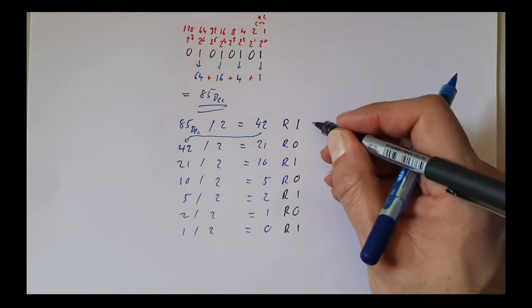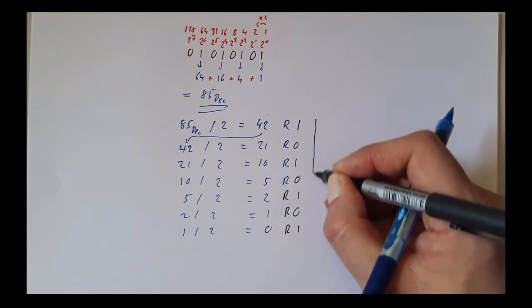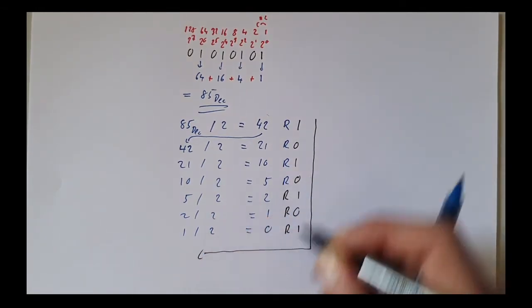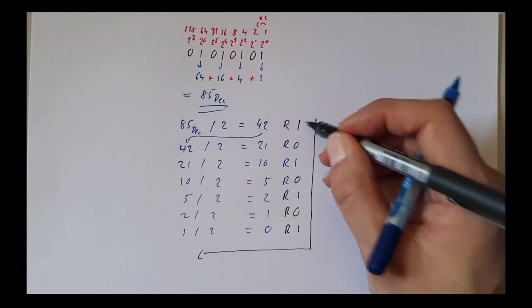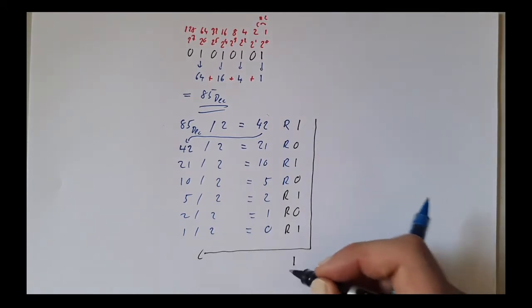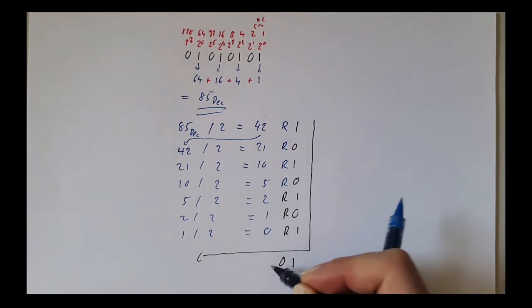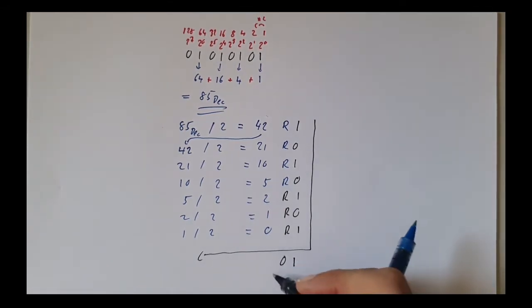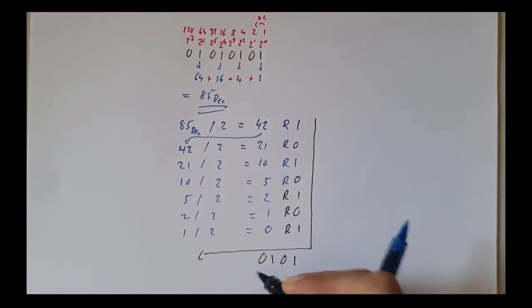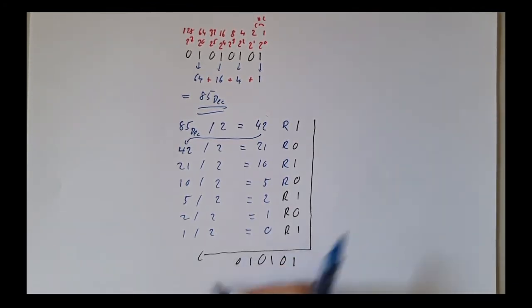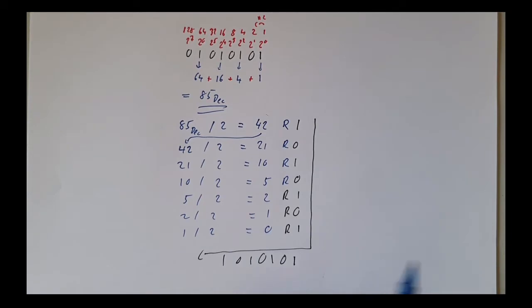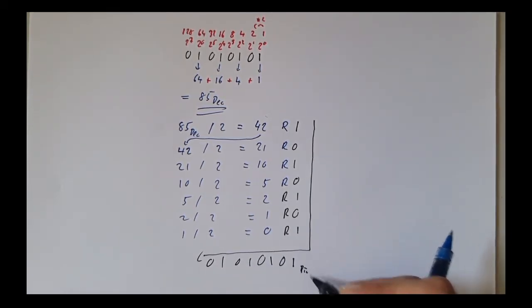And then you read it from here. So this is the lowest bit. So we have 1, 0, 1, 0, 1, 0, 1, and you fill it up with zeros so that you have the binary number again.